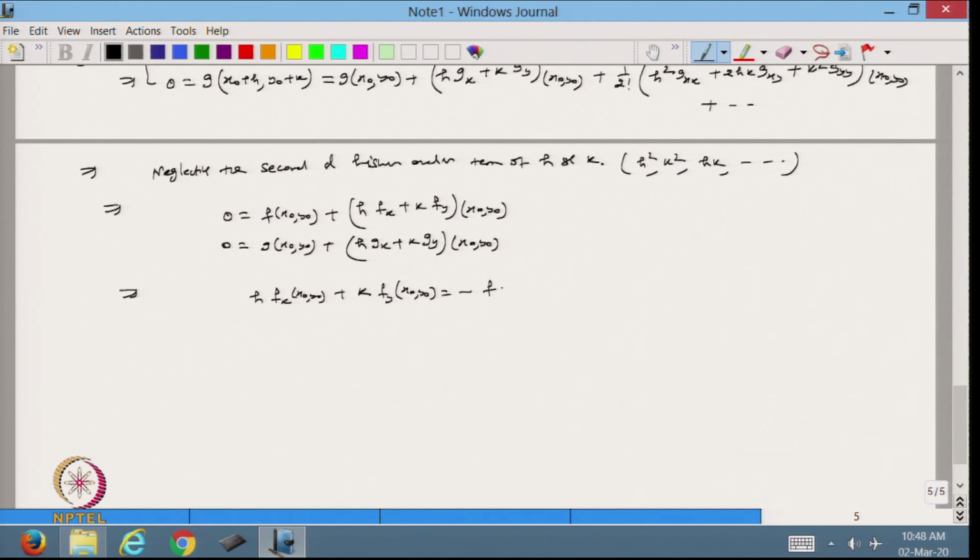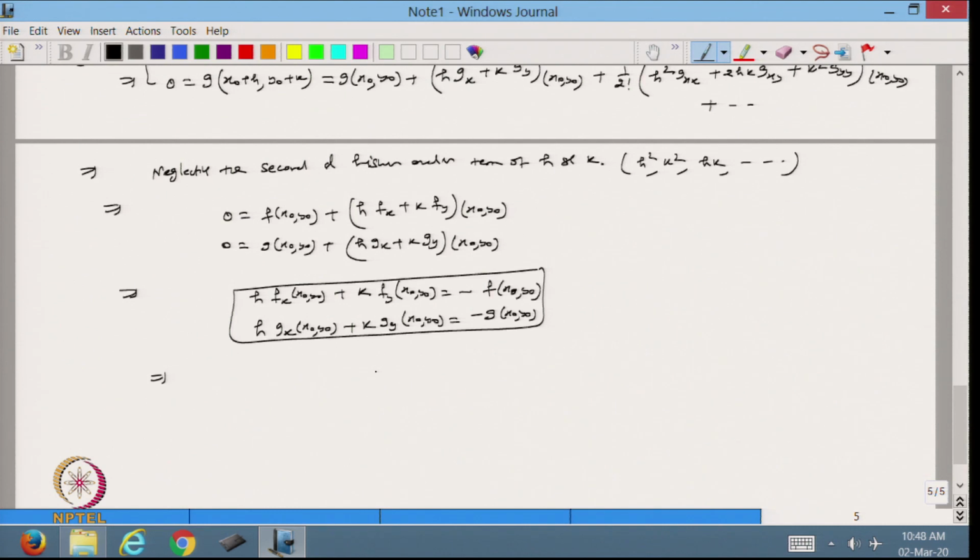So, I can take this on the right hand side. Similarly, I can define the terms from the second equation g, taking the value at x naught y naught.